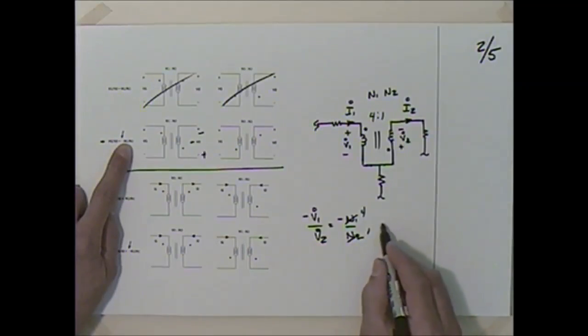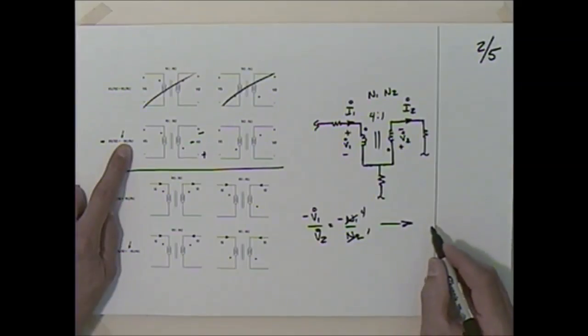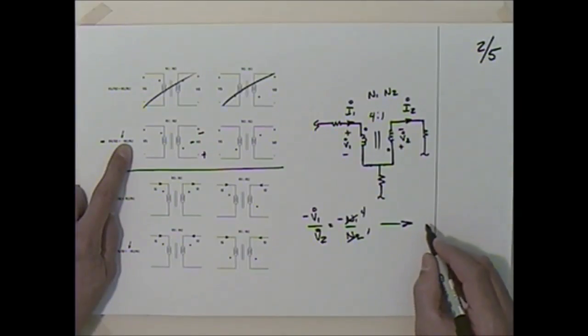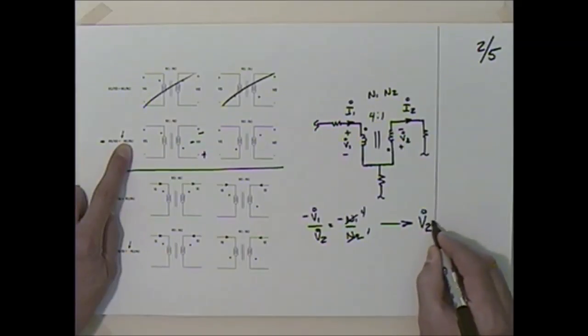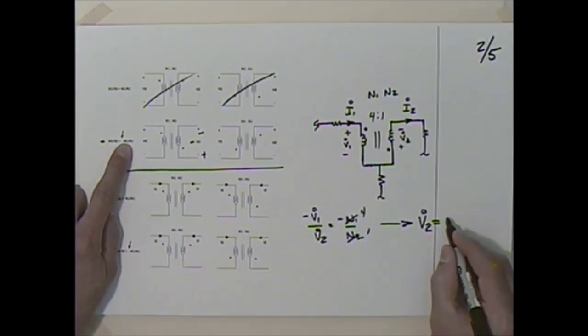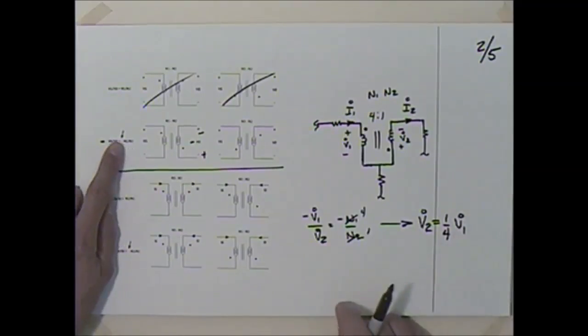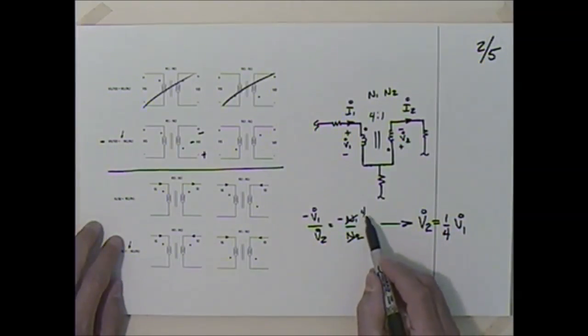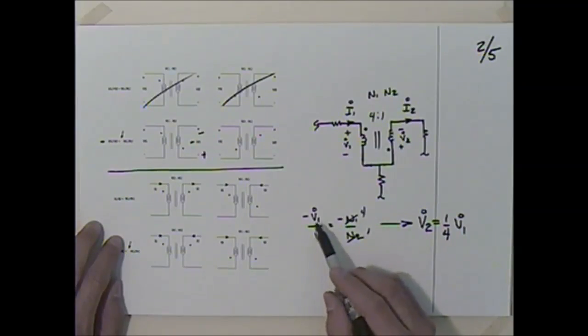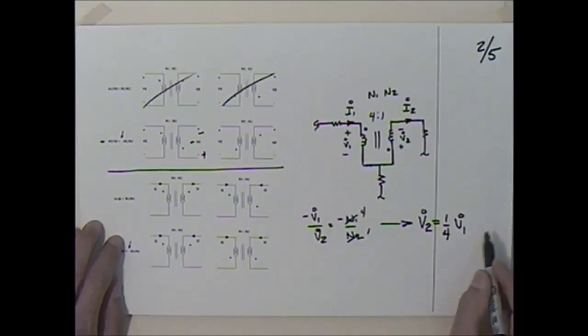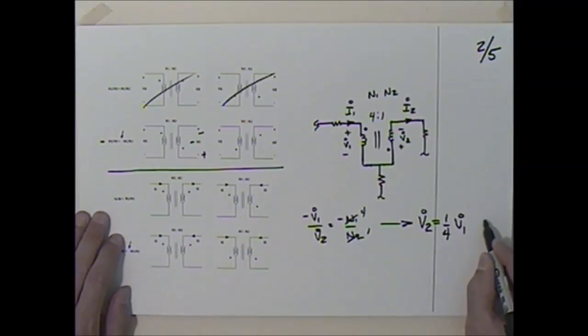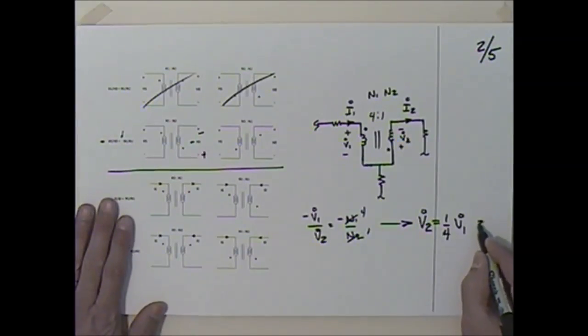So this gives me an equation where V2 is equal to 1/4 times V1. Does that make sense? I multiply both sides by V2, divide both sides by 4, and I have a negative on both sides. I think that will be my 3rd equation as I move back to the other page.